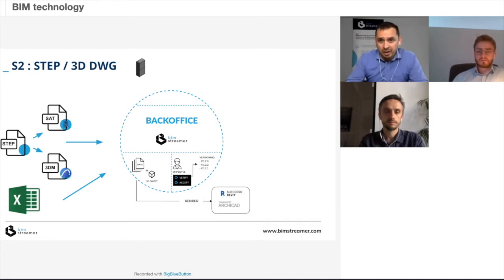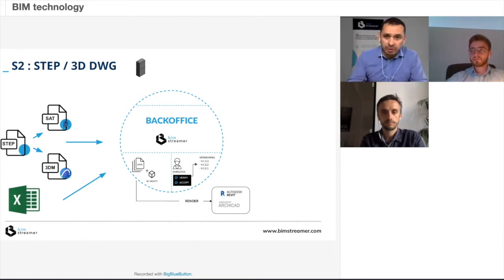So what we did, within the Rhino tool, we converted the STEP file into SAT and into 3DM. 3DM is the native Rhino file format, which is readable by Archicad. SAT is a format which Rhino is capable of converting to, and later on we can open it within Revit. So we created file formats which are readable by Archicad and Revit.